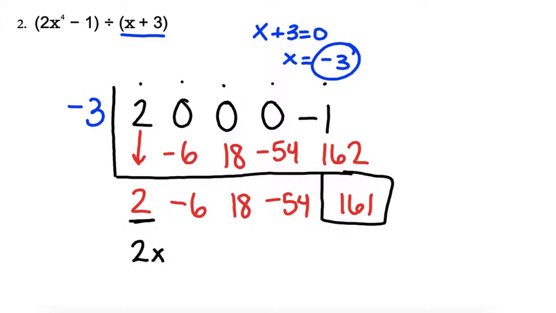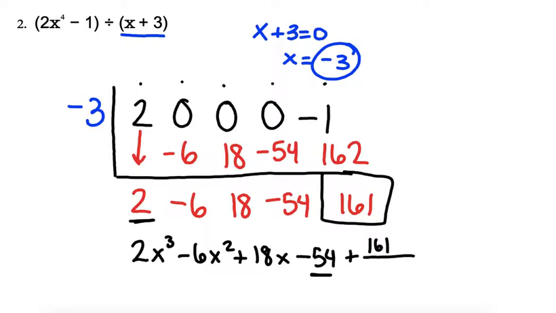So 2x to the 3rd minus 6x squared plus 18x minus 54. You know you've done it right if that last number is your constant. Then I have a positive 161 when I divided by x plus 3.